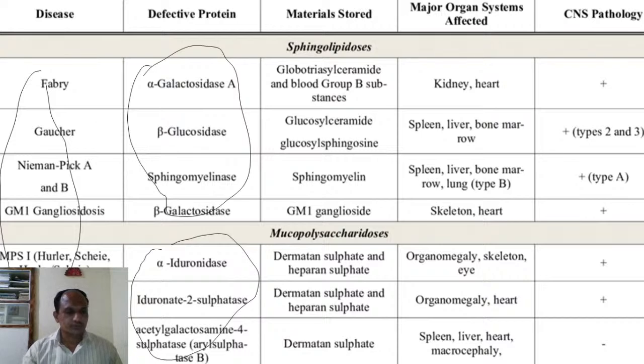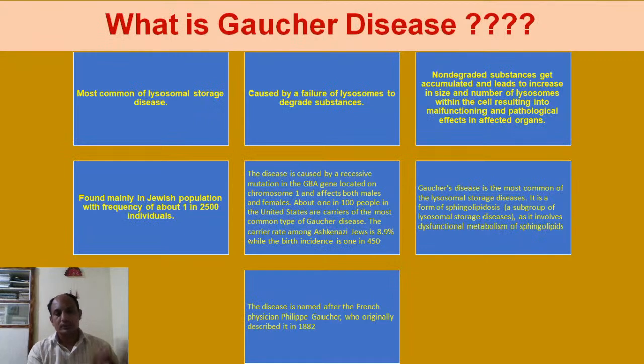So in the next slide, now we will start our actual topic for today, and that is nothing but Gaucher disease. So what is this Gaucher disease? I have already told you that Gaucher disease is a lysosomal storage disease, and it is the most common disease of the lysosomes.